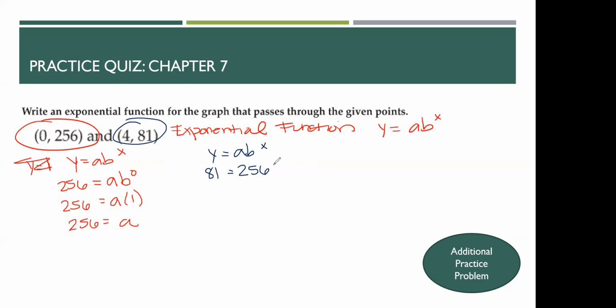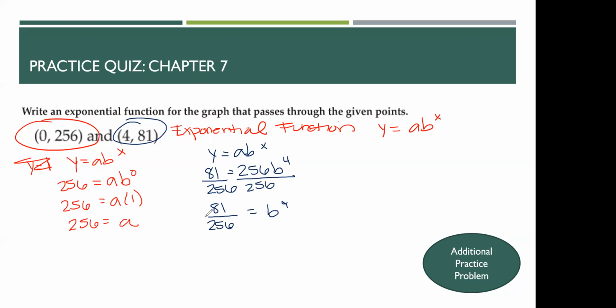We're trying to solve for b, and my exponent is 4. So I have this equation, and I'm going to divide both sides by 256. So I have 81 over 256 is equal to b to the 4th power.